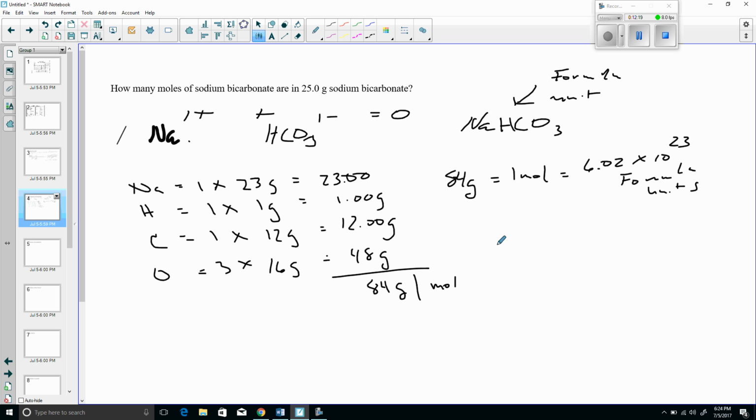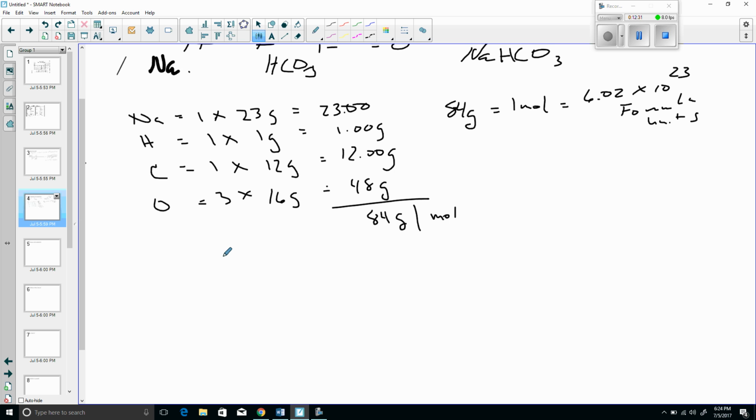They're all equal. So if we go back and do our bracket again, I'm going to have a little less space to work with, maybe I'll go down on the page a little bit. We started with 25 grams, which is what was given. We always start with what is given, and it is sodium bicarbonate. Always write that in there, NaHCO3.